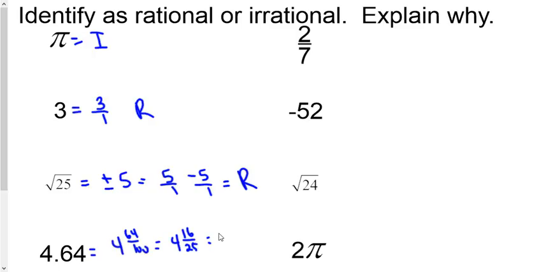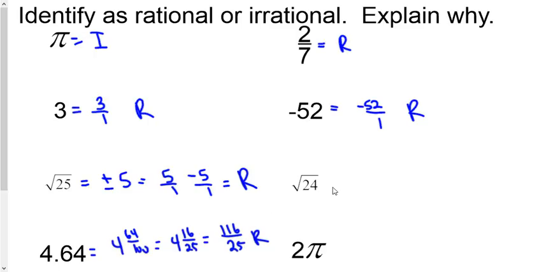And then we could turn that into an improper fraction. Excuse me, that would be 116 over 25. And so literally you can see that we can turn this into a fraction. And so as a result, it's rational. 2/7, guess what? This bottom number is not 0, so this fraction is rational. This one we can make into a fraction, so it is rational.